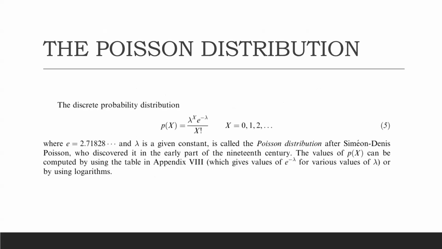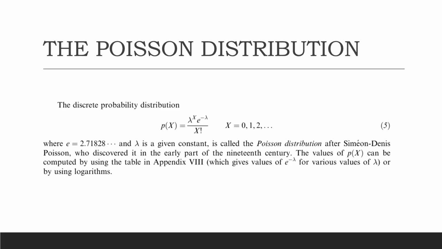This is another distribution, the Poisson distribution. It is a discrete probability distribution, whereas the normal distribution is for continuous probability.